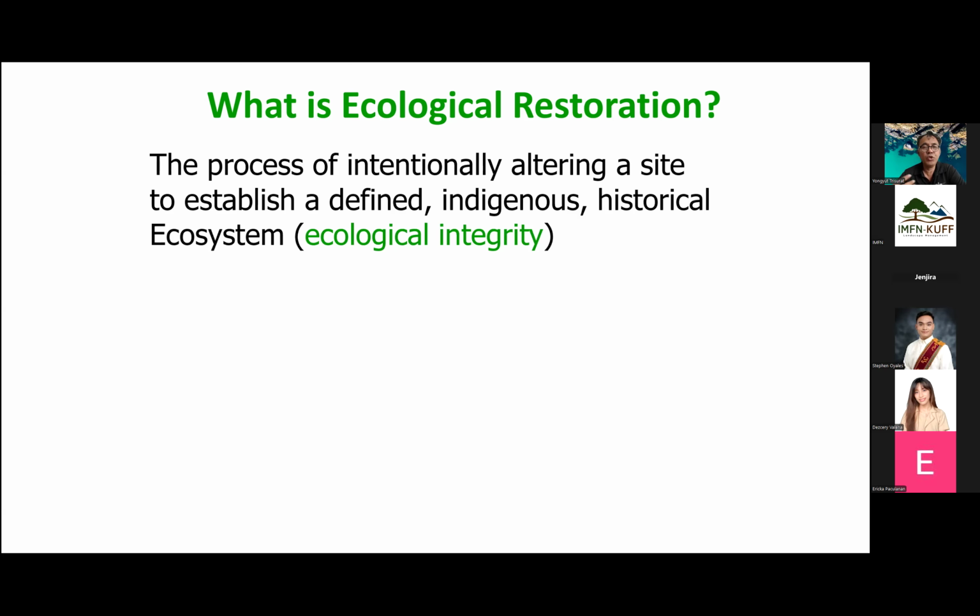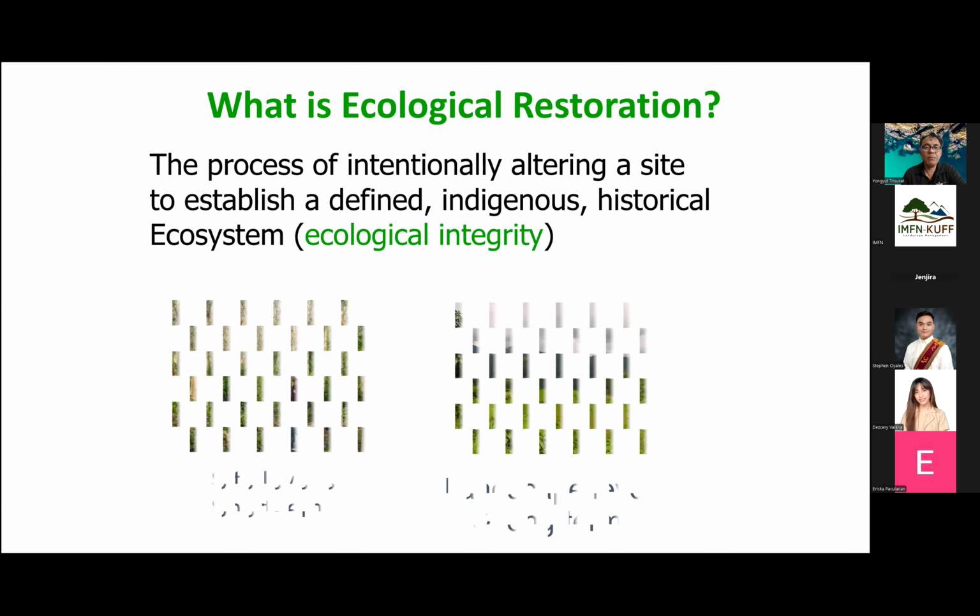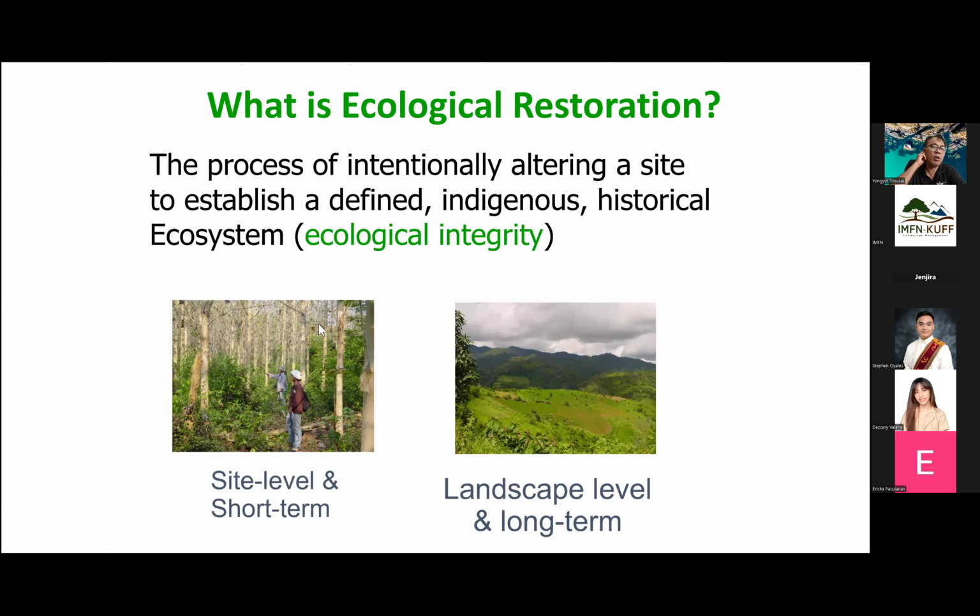It means that we want to convert the degraded land back to the original state. For example, restoration can be done at a small size within a short term, 5 years or 10 years. At the same time, we can do it at the landscape level for a long-term objective.